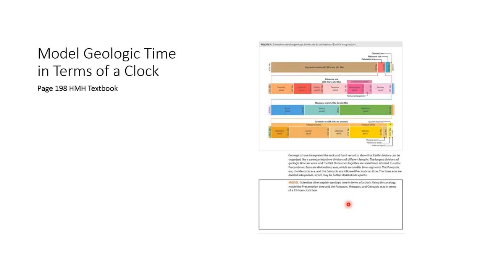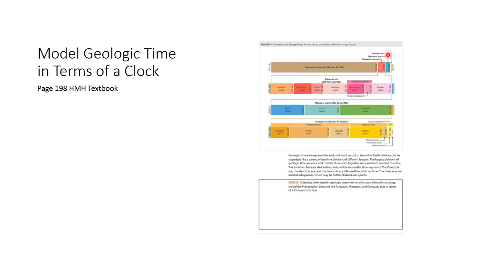So let's get started. We are looking at the eras, and we're going to be modeling the 4 eras that make up all of Earth's time, starting with the Precambrian, then the Paleozoic, the Mesozoic, and the Cenozoic. You can see that the Precambrian takes up most of the time, Paleozoic takes up less, Mesozoic even less, and the Cenozoic even less than that.